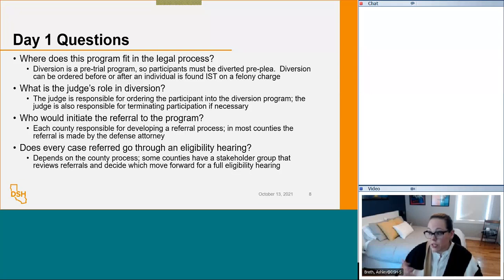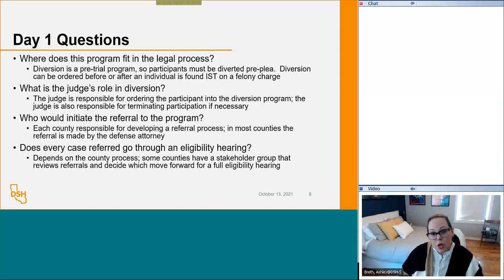Who initiates the referral? This is really something that's up to your county. Generally speaking, in most counties we're working with, the referral process is started by the public defender or the defense attorney for the individual. If they're thinking that they may be declaring doubt, that's usually a sign that it might be somebody to look at for a diversion program, if they meet the criteria we talked about just a slide ago. We also got the question, does every case referred go through an eligibility hearing? Again, this depends on what your county process is.